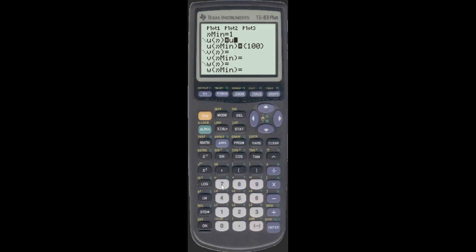Sorry, second 7, u. And then I need to grab the n, where is it on my calculator? They're in alphabetical order. Oh, it's the variable there. So to get n, you have to use the variable there, and we'll just say n-1.